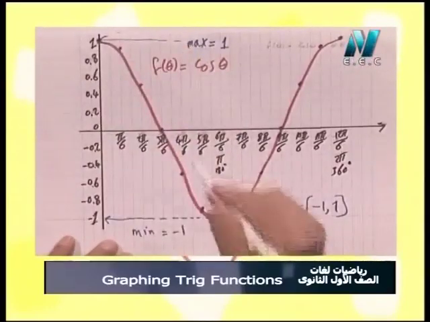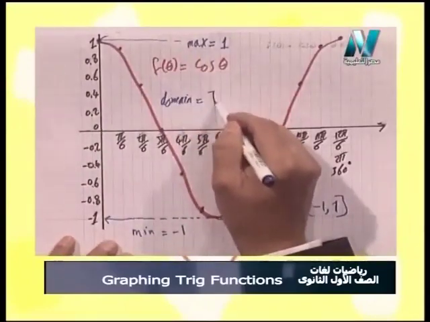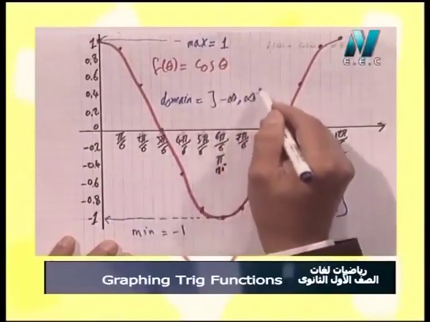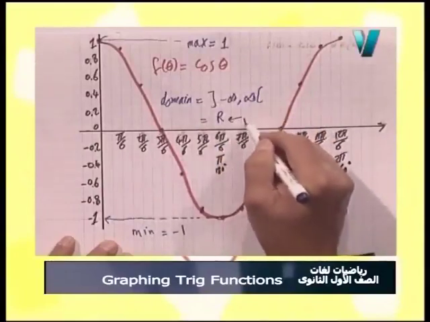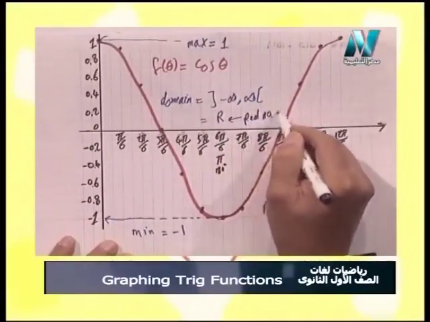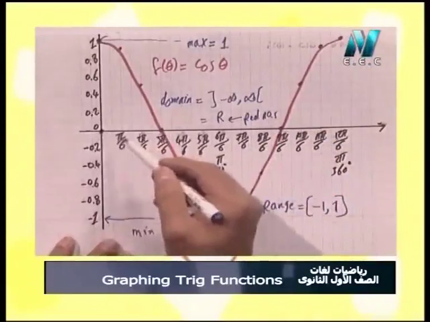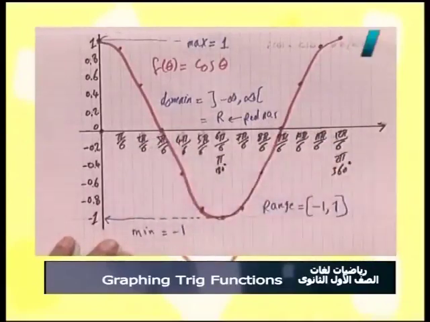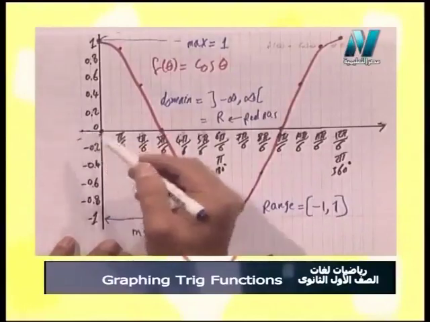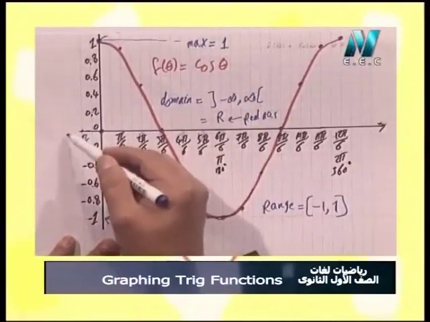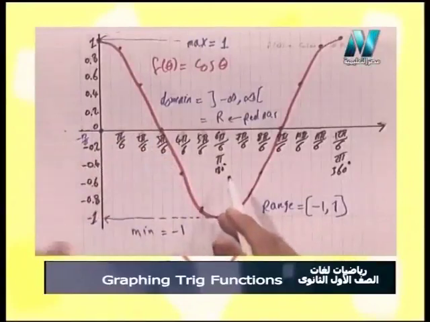Its domain also equals from negative infinity to infinity, or equals R. R means all real numbers, the set of real numbers, because we have here 0, pi over 6, 2 pi over 6, and so on to infinity. And we can write negative pi over 6, negative 2 pi over 6, and so on to negative infinity.